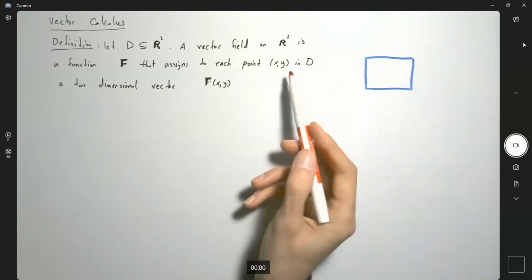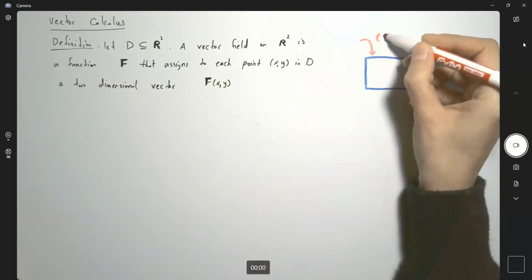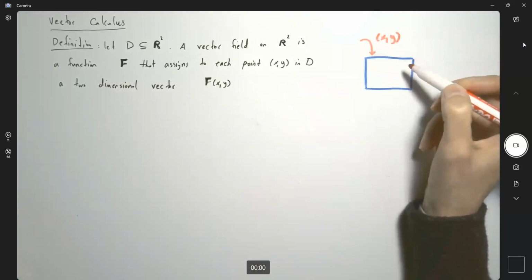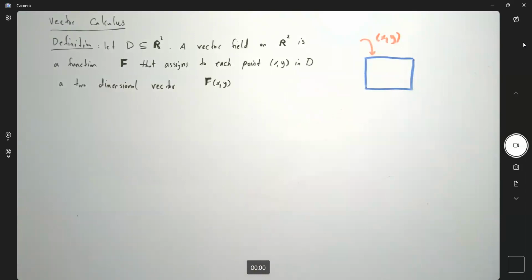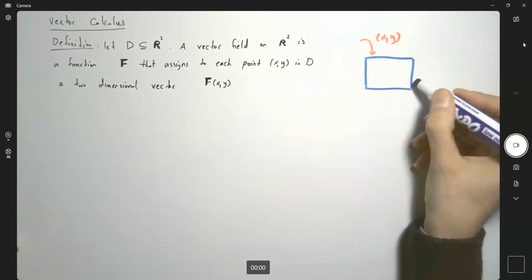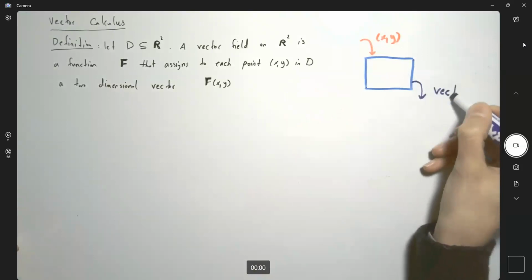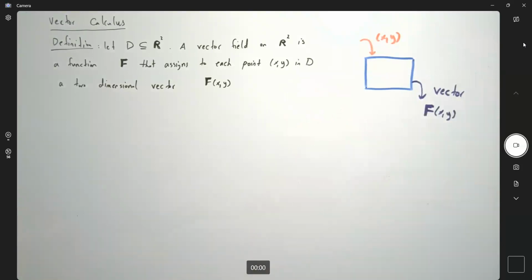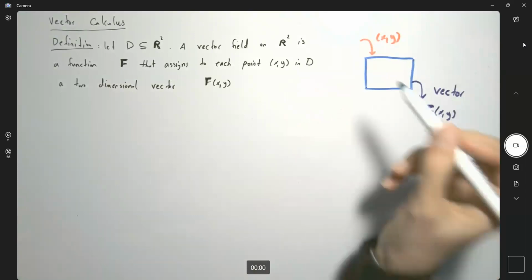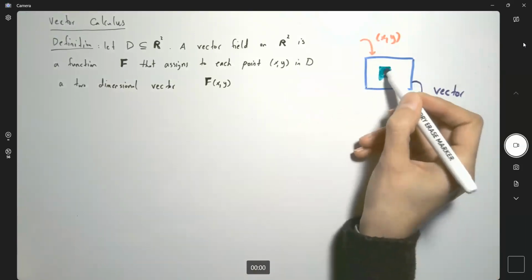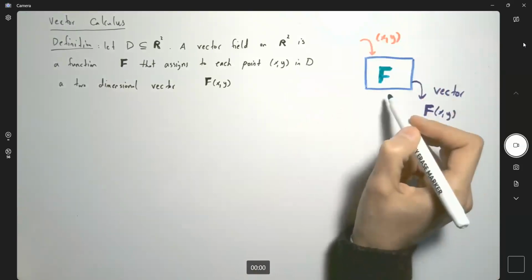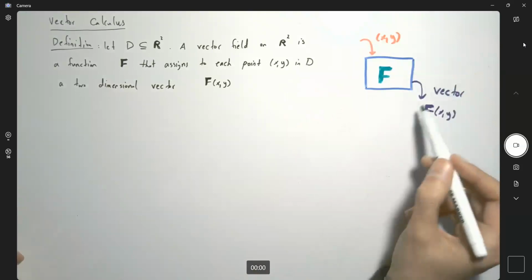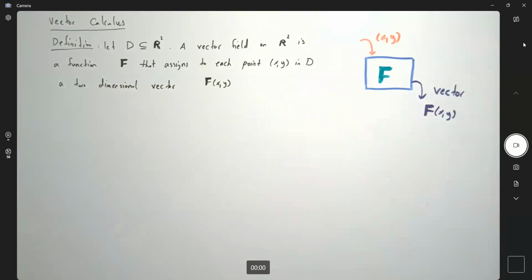Input values are ordered pairs, X, comma, Y. So you have a starting point, which is located at X and Y. And then you have some outputs, which are in vector form, F of X and Y. And this is your function F. It takes some starting points, you plug them into the function, and the output values are vectors. Very good.